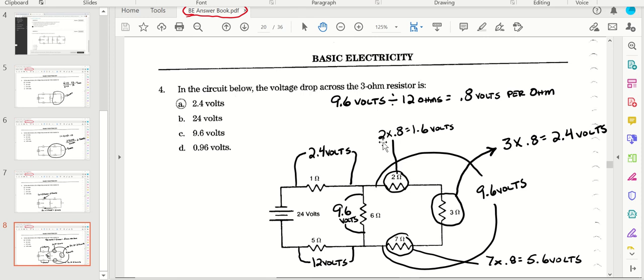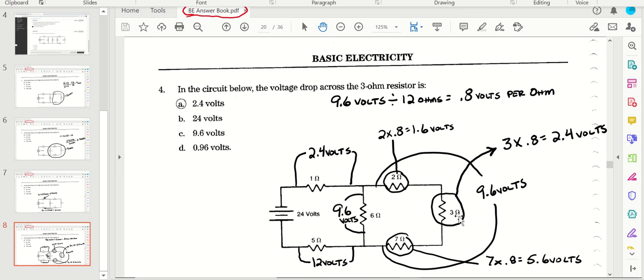So if we had 12 ohms of total resistance and 9.6 volts, we take 9.6 divided by 12. That tells us that for every ohm of resistance, there's actually 0.8 volts of drop. So if we wanted to find the voltage drop across the 2 ohm resistor, we would multiply 2 times 0.8, and it's 1.6 volts.